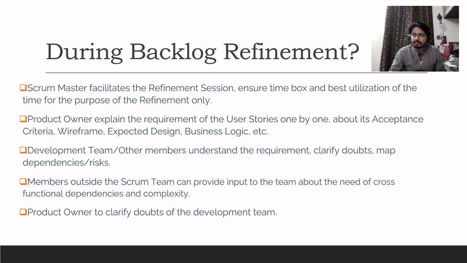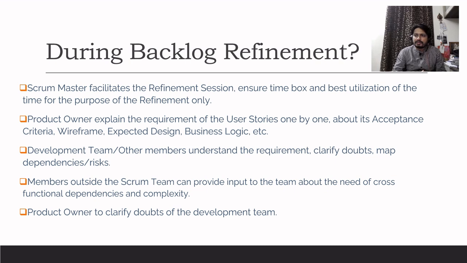And the team also discusses the amount of work, the technical challenges or technical dependencies, complexity, etc., etc. And they try to seek clarity among themselves. And if there are open questions, they go back to the product owner to seek more clarity. Okay? So that's what the development team members do during the refinement meeting.